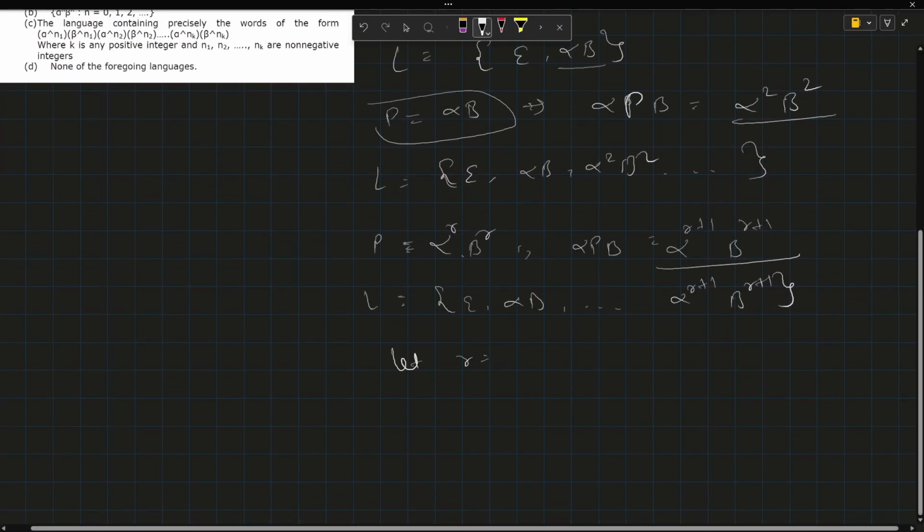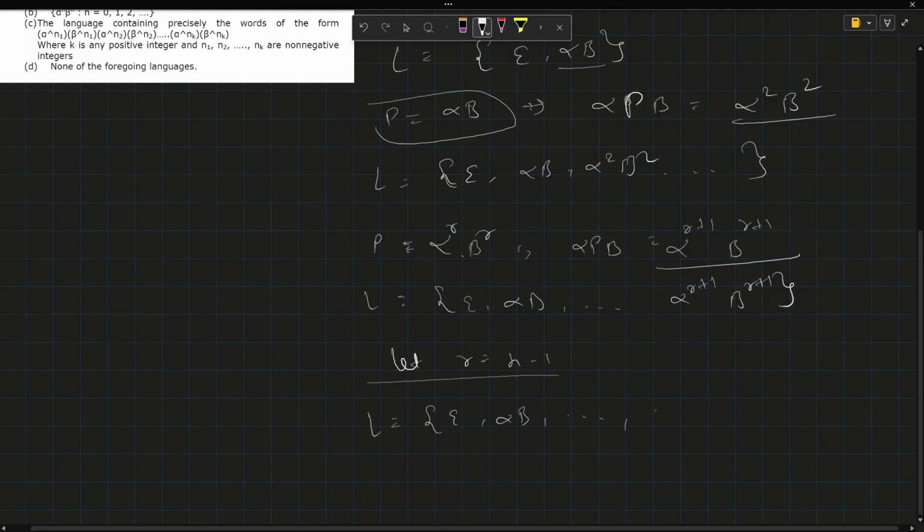Let r equal n plus 1, then it will look like alpha n beta n.